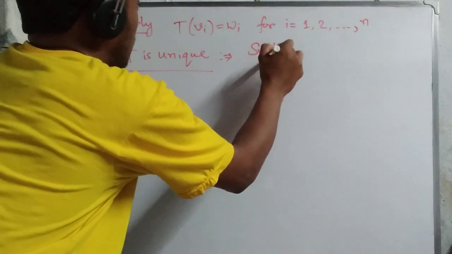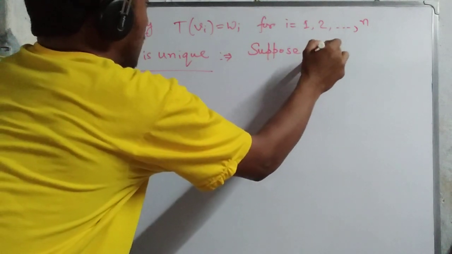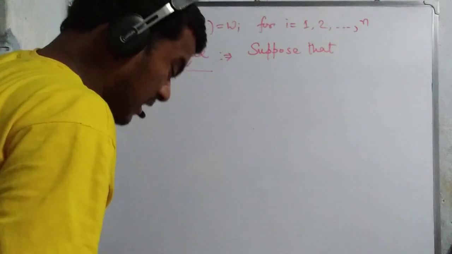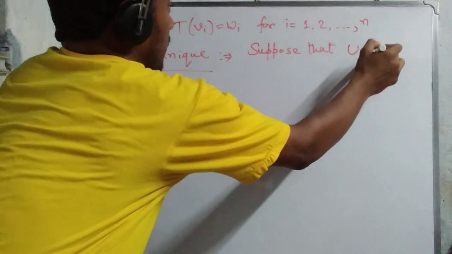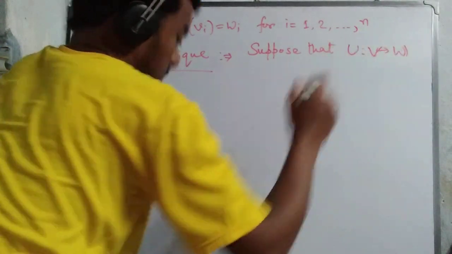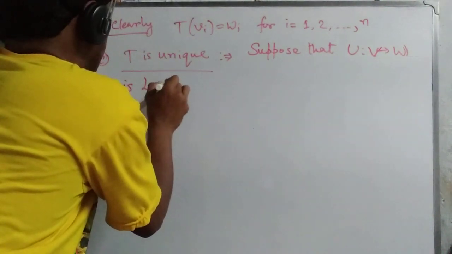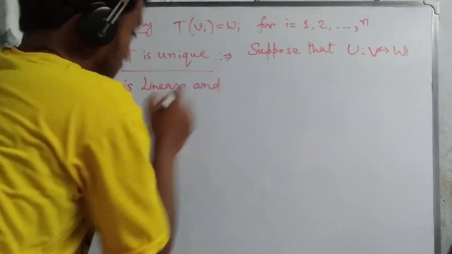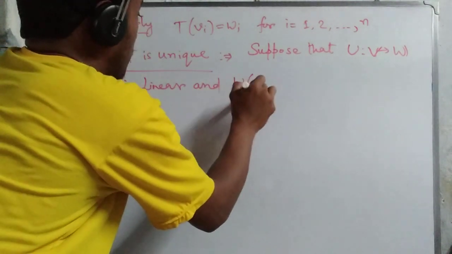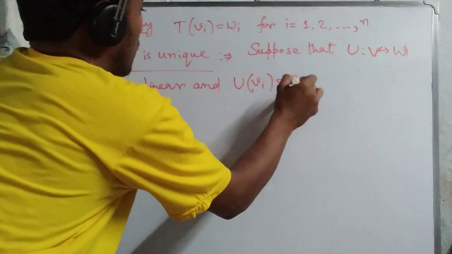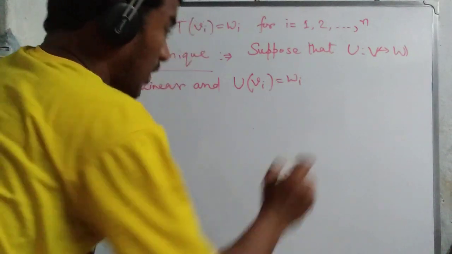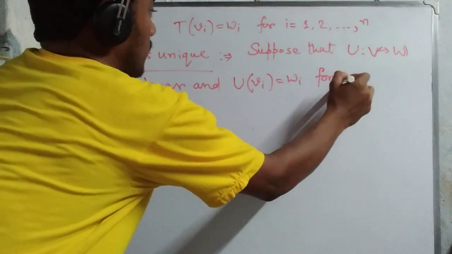Suppose that U from V to W is linear and U of vi equals wi for i equal to 1 to n.